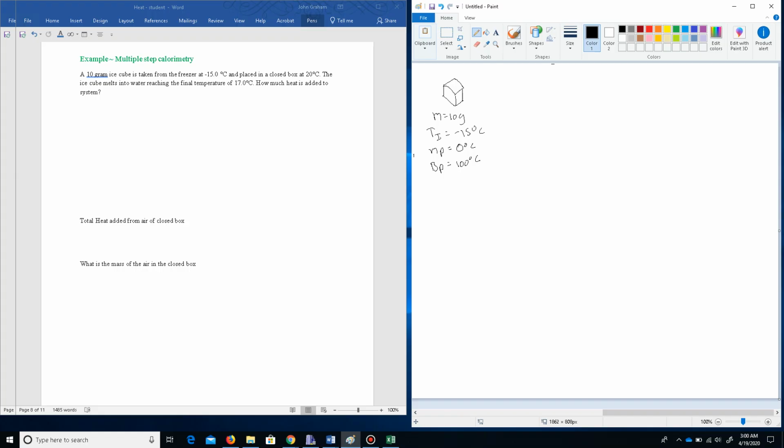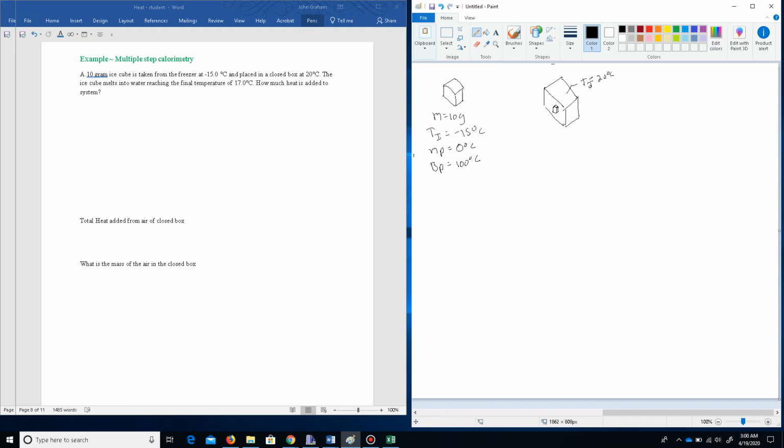It's placed in a closed box. So this is the box. And we put the ice cube in it. And that closed box has a temperature that is 20 degrees Celsius. So I'm going to call that T2.